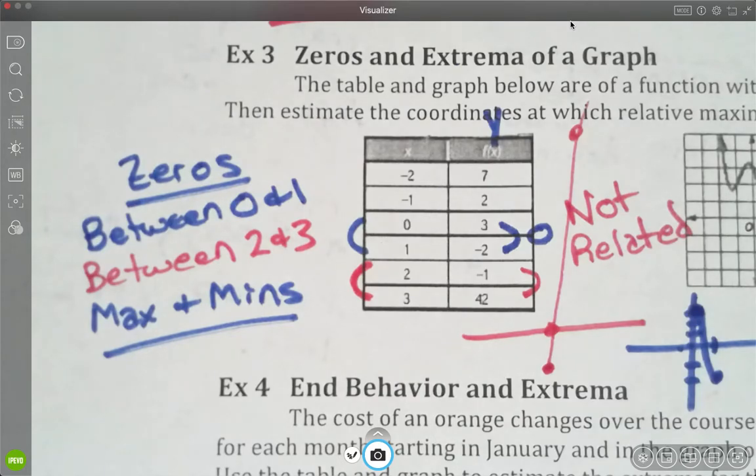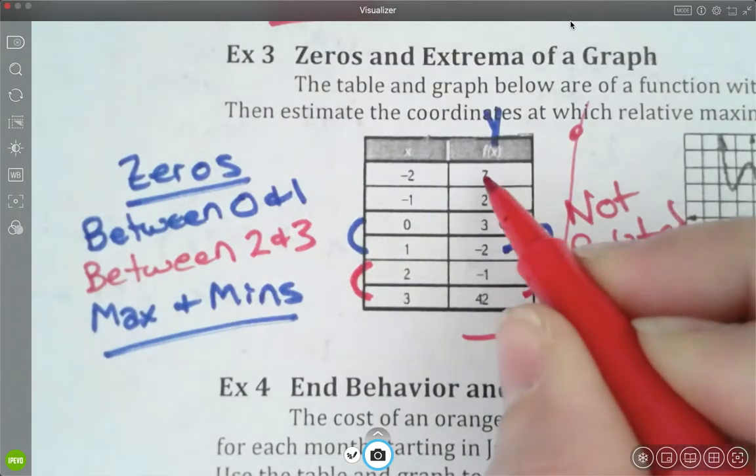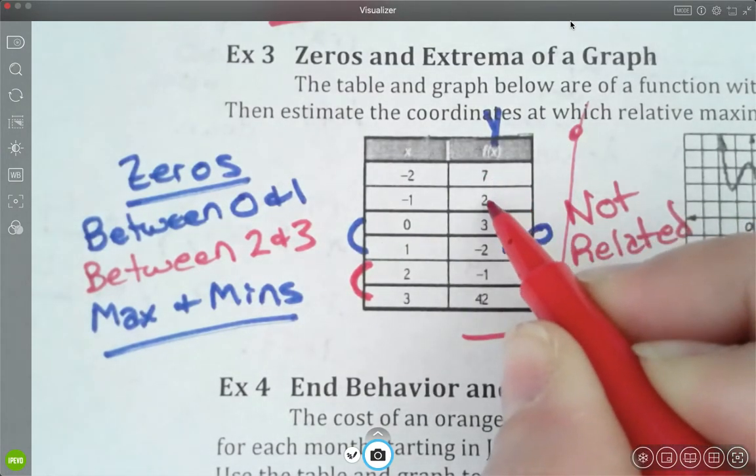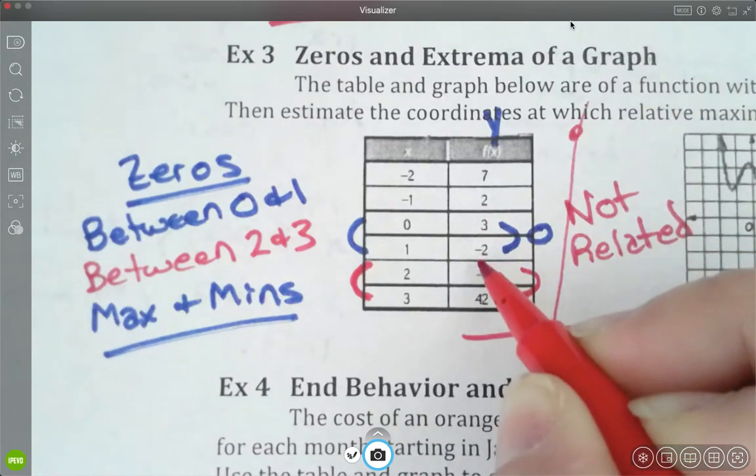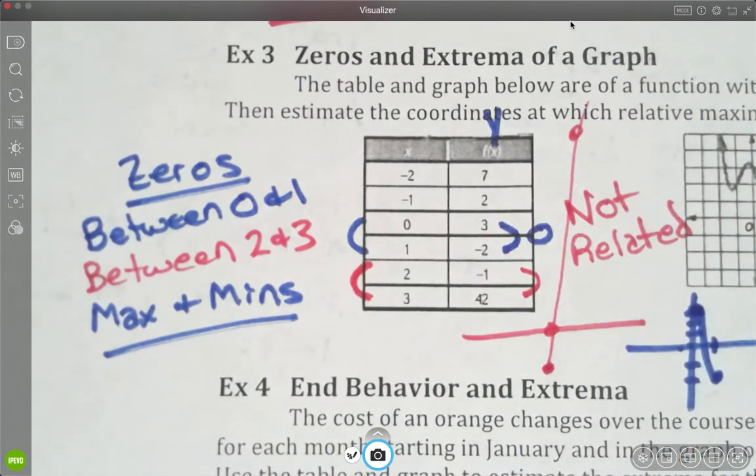Okay? All right, now let's talk about maxes and mins for just a second. So according to this, let's talk about high points, right? So what the graph is doing is he's up here at 7, he goes to 2, then he goes up to 3 and then down to negative 2. Okay? So did we hit a high or a low point there in that little range? Yeah. Well, 7, since he's on the end of the graph, he could end up going on forever in one direction, right?